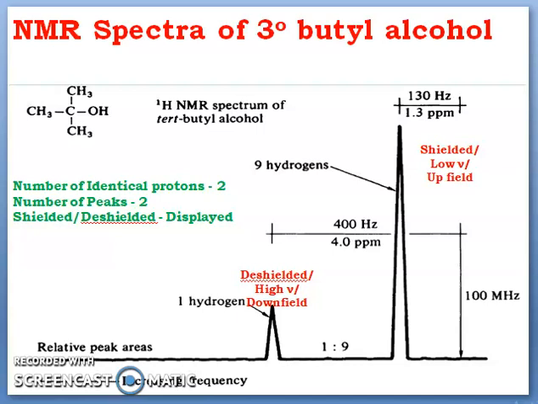Since this hydroxy peak is coming far away from the tetramethylsilane reference, it is given as downfield, whereas the 9 methyl protons are shielded because the carbons are electropositive, which donates the electron cloud to the hydrogen. Thereby it is highly shielded, and shielded protons experience a low magnetic field and thereby low frequency, and it appears very close to the tetramethylsilane, so it is upfield.